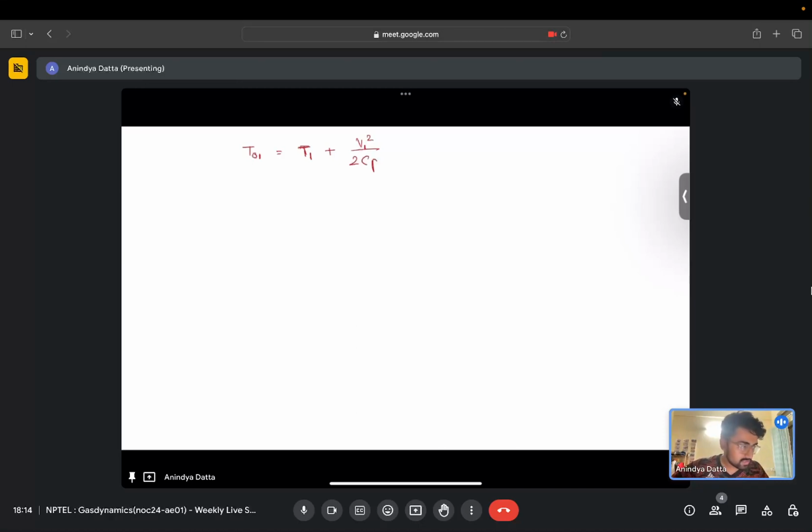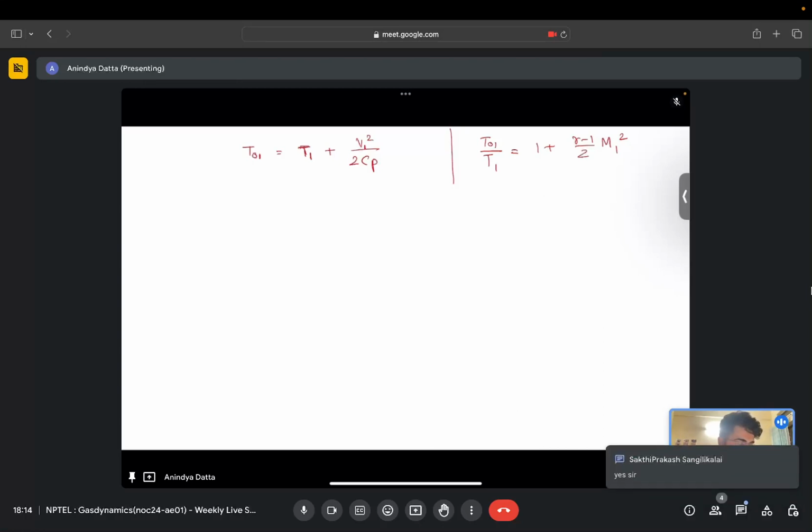You can use this formula, or the other formula in terms of Mach number, which is 1 plus (gamma minus 1)/2 M1 squared. For that we first have to find the Mach number, but we can use the left one now, which will be easier because all the values are known.